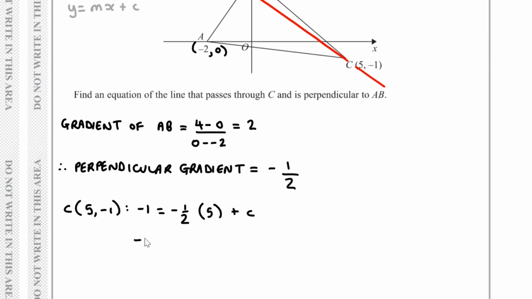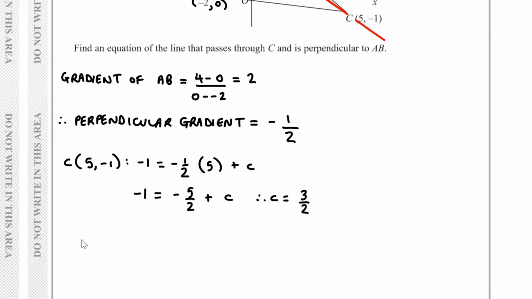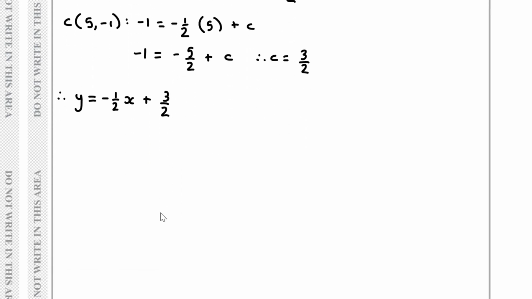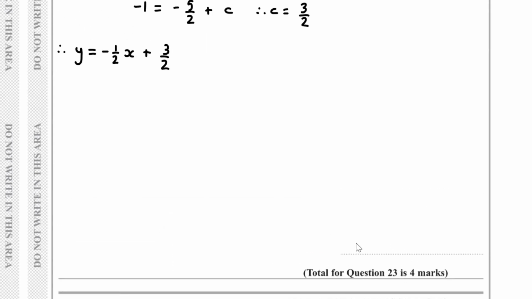So we've got -1 equals -5 over 2 plus c. If I add 5 over 2 to both sides, you'd find c equals 3 over 2. And therefore we can conclude y equals -1/2 x plus 3 over 2.